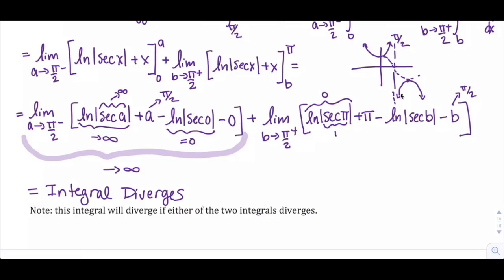Again, since it's in the absolute value, we would then just say that's going to positive infinity. And again, ln of positive infinity is infinity. So again, we have an integral that diverges. Technically, we have minus infinity, so that part would go to -infinity. Okay, but again, now that we know that at least one of the integrals diverges, since the first one diverges, we know the whole thing diverges. So we could simply just say that the integral diverges.